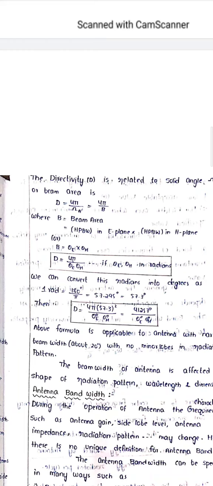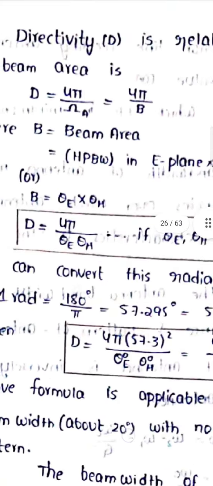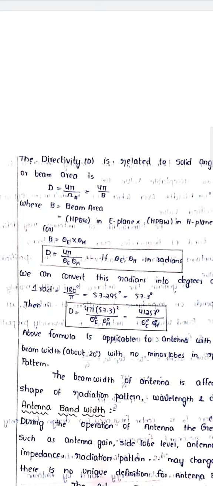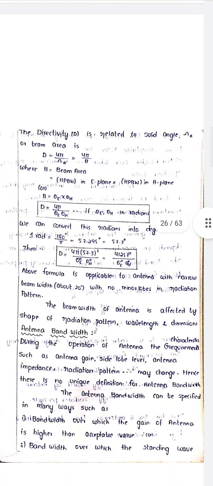Substitute these values in the above expression, and you will get 41,257 square degrees. The above formula is applicable to an antenna with narrow beam width, about 20 degrees, with no minor lobes in the radiation pattern.